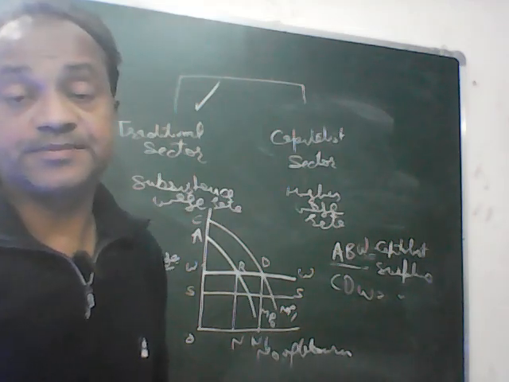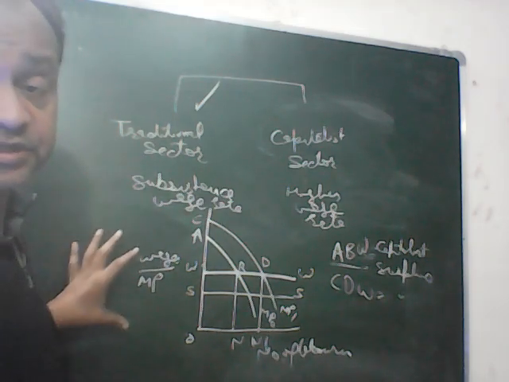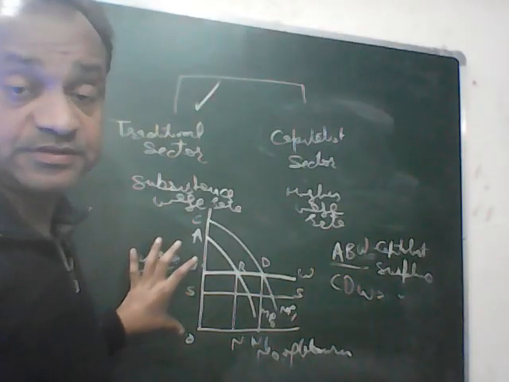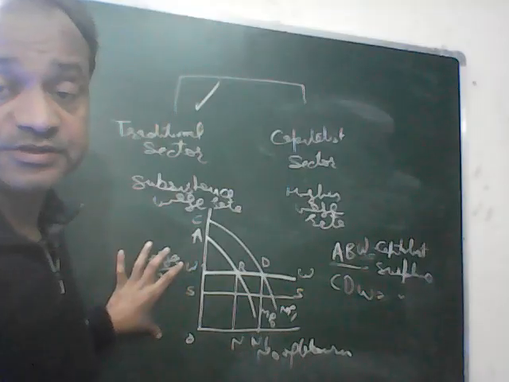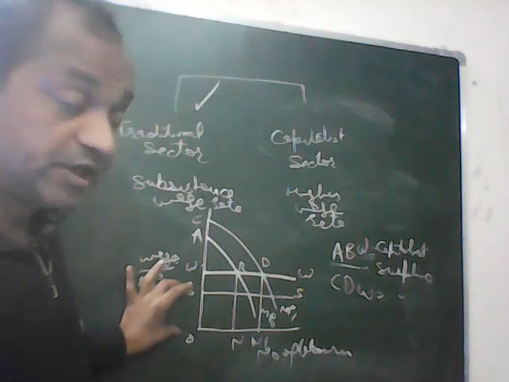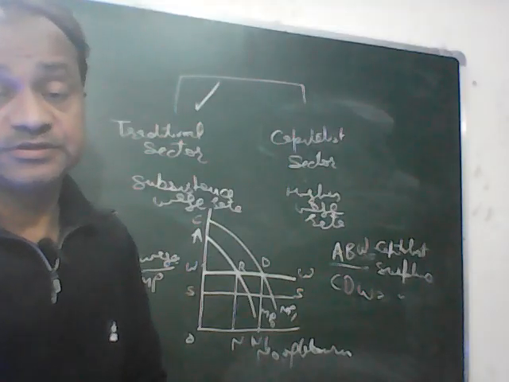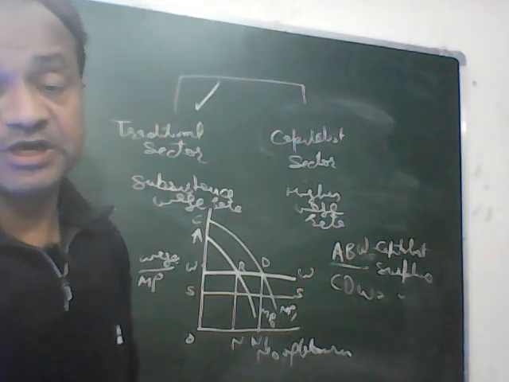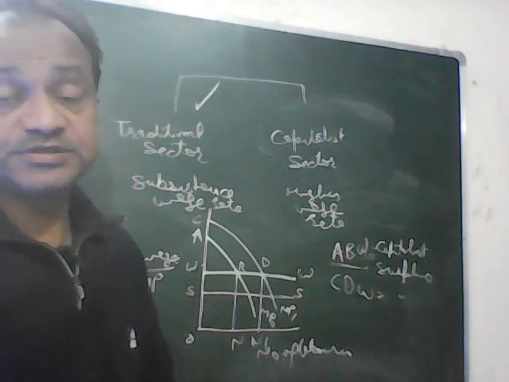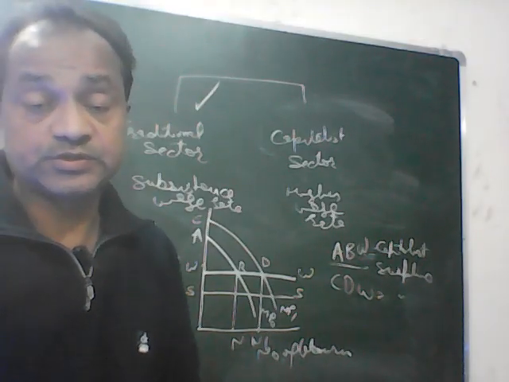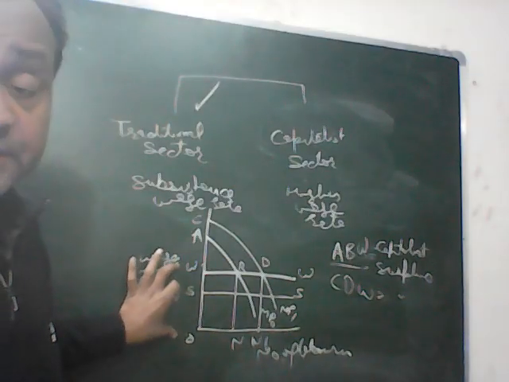When the traditional sector's surplus labor is adjusted, then in the traditional sector the demand for labor and the supply of labor become equal to each other, which means they are also getting higher wage rates from OS to OW.